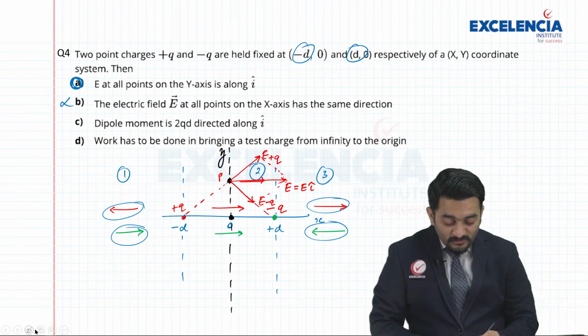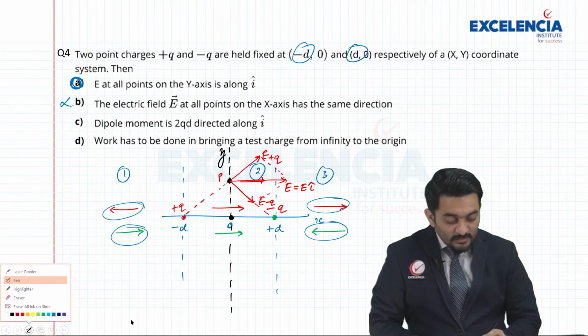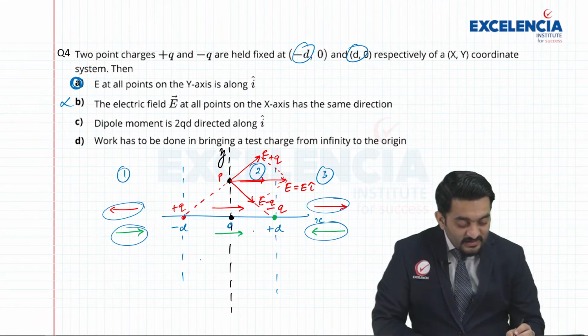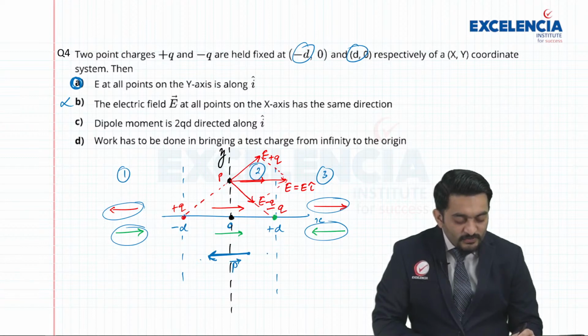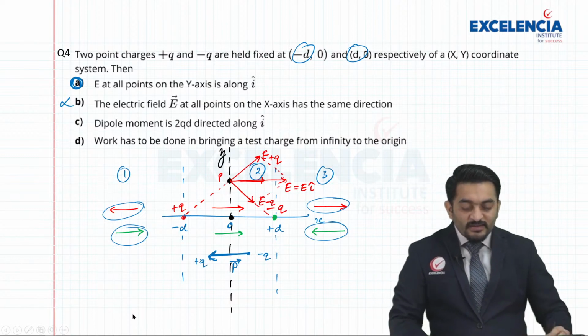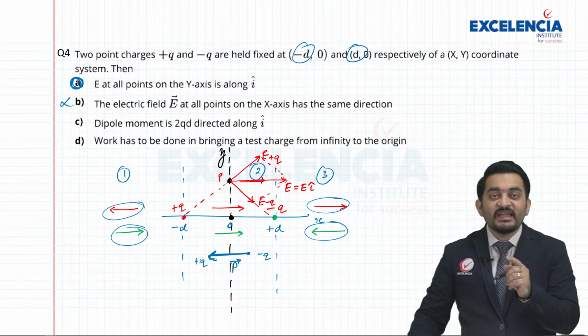This is one more piece of information you need to have, guys. The electric dipole moment direction is from the negative charge to the positive charge, and you can see your negative q is present here and your positive q is here, so your electric dipole moment direction is negative i cap.